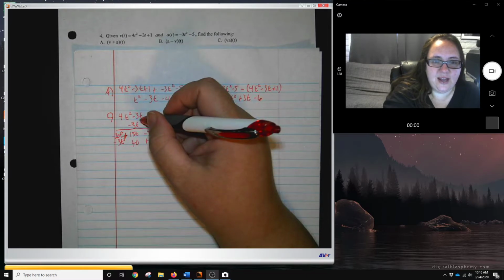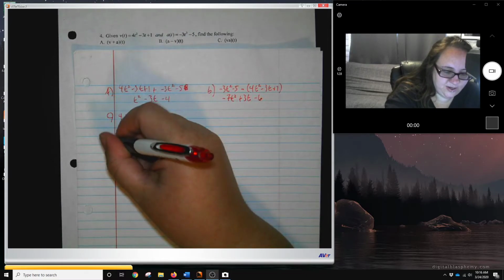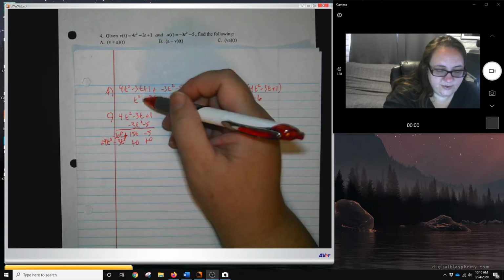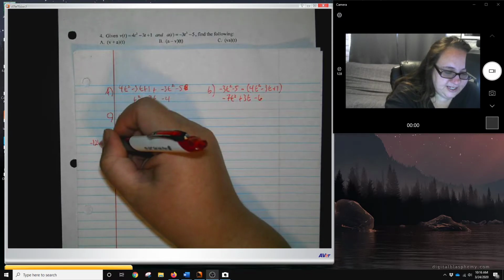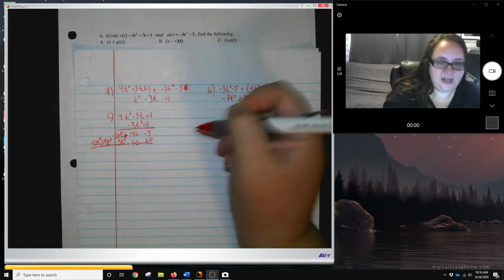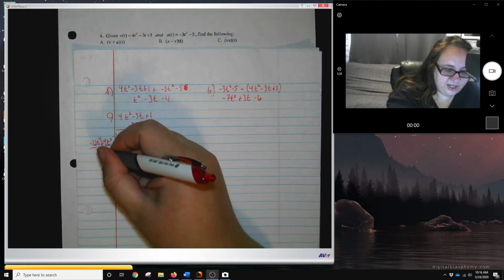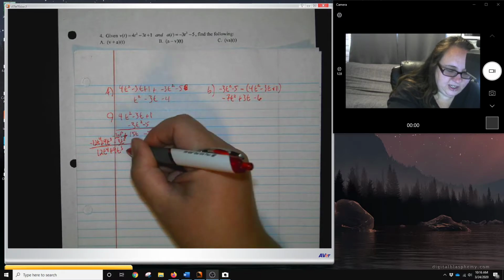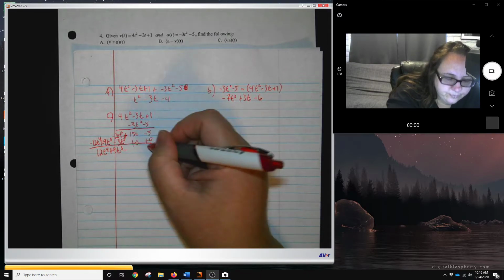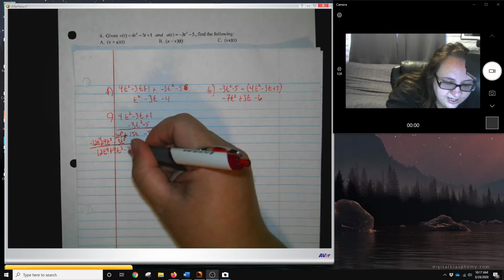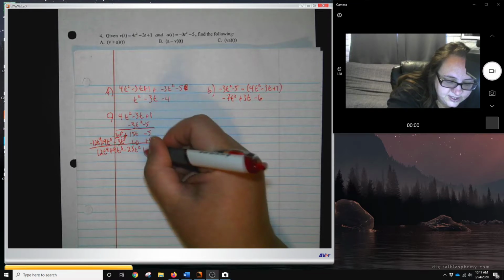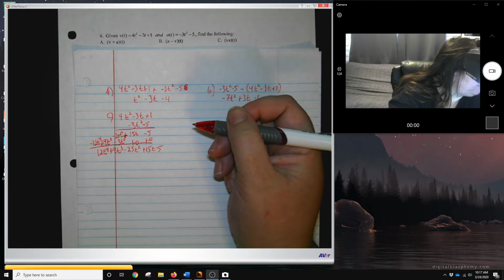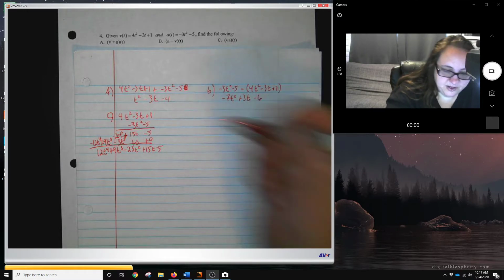Negative 3t squared times negative 3t is going to be 9t to the third. And then negative 3t squared times 4t squared is negative 12t to the fourth. So when I do all of my addition here, I should have negative 12t to the fourth plus 9t cubed minus 23t squared plus 15t minus 5. Yep, looks like I'm good.